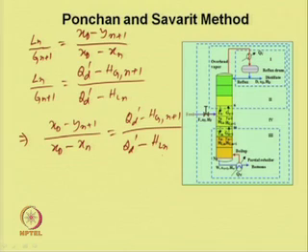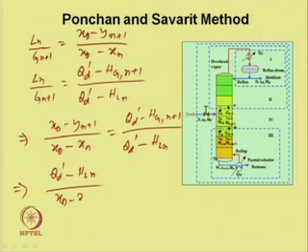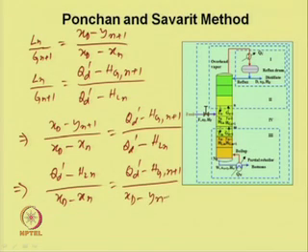So, from this we can write (Q_d' minus H_L(n)) divided by (x_d minus x_n) is equal to (Q_d' minus H_G(n+1)) divided by (x_d minus y_(n+1)). So, this is equation 10.7.